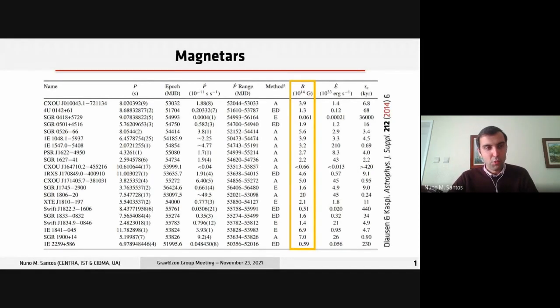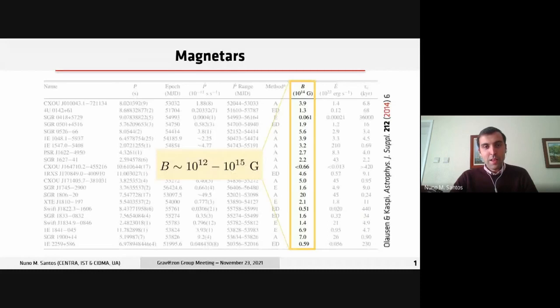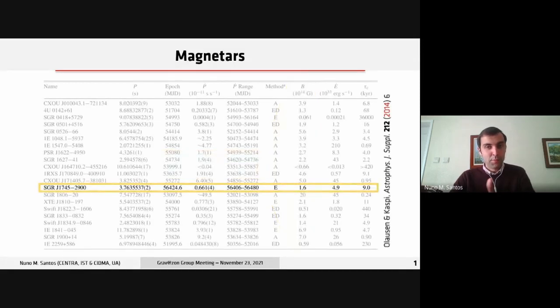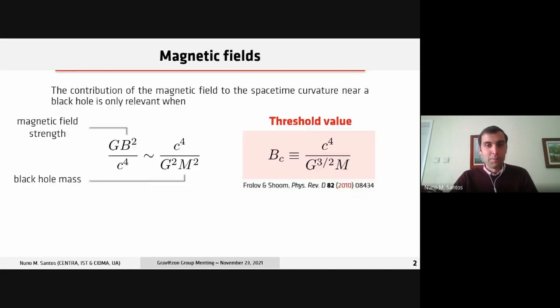I think they are 26 in total. As the table shows, the strength of these magnetic fields ranges from 10^12 to 10^15 Gauss. For instance, this magnetar SGR J1745-2900, which orbits the supermassive black hole Sagittarius A* at the center of the Milky Way, has a magnetic field of 10^14 Gauss. Okay, so this is an example.